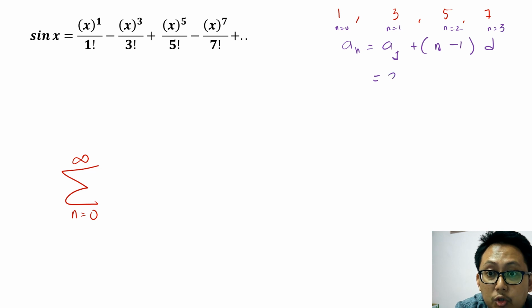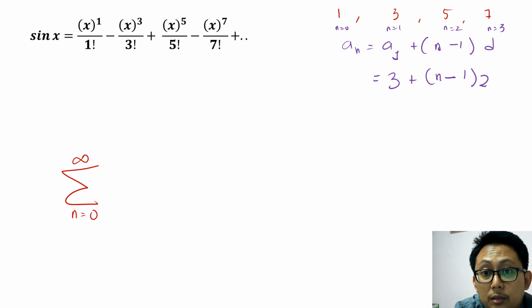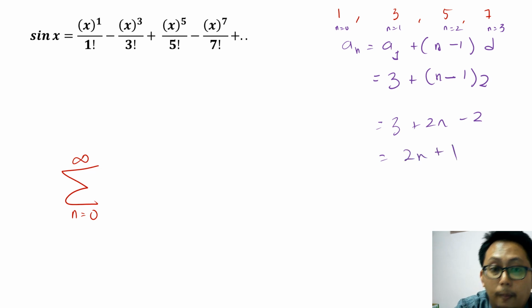So a_n is 3 plus n minus 1 times d, and the ratio d is 2, because 3 minus 1 is equal to 5 minus 3, which is equal to 2. Rearranging, you have 3 plus 2n minus 2, so 3 minus 2 is 1, you have 2n plus 1.